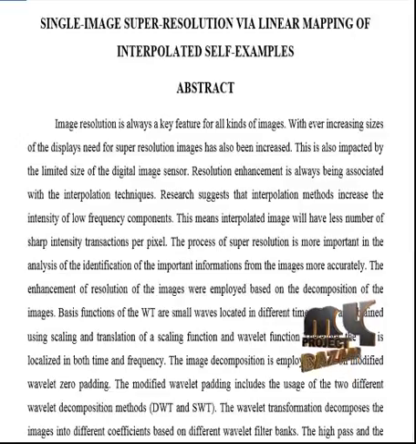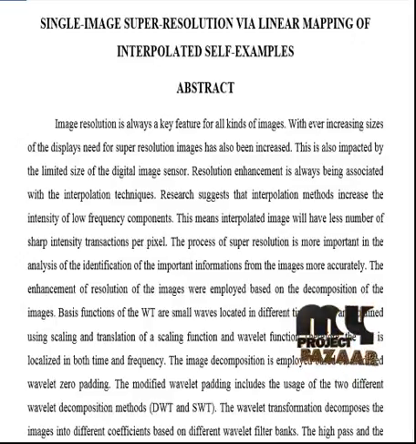They are obtained using scaling and translation of a scaling function and wavelet transformations. Therefore, wavelet transformation is localized in both time and frequency. The image decomposition is employed based on modified wavelet zero padding. The modified wavelet padding includes the usage of two different wavelet decomposition methods, DWT and SWT.